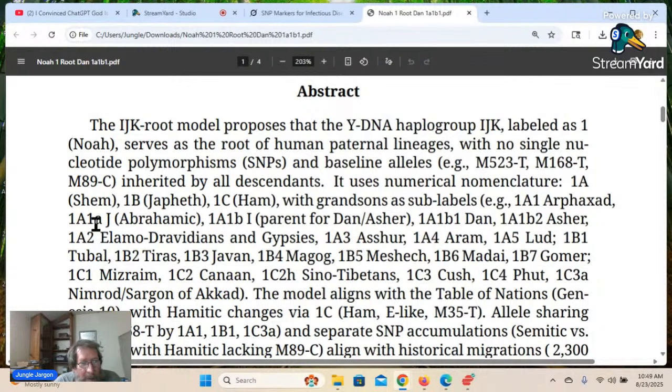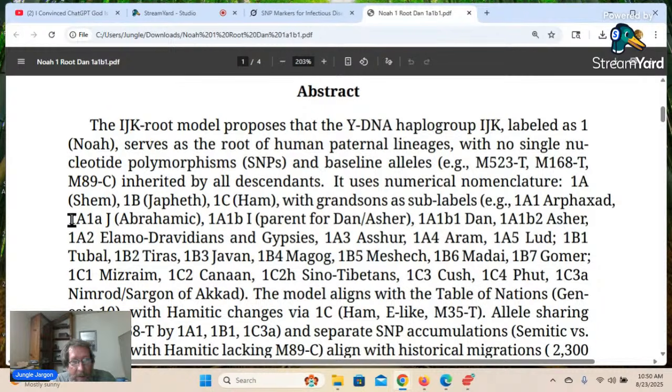And then I had to go with 1A1A for the Abrahamic lineage, or the J lineage, which includes pretty much all Hebrews. So it'd be all the Abraham, or the Israelite, Judaic, and Arab descendants.